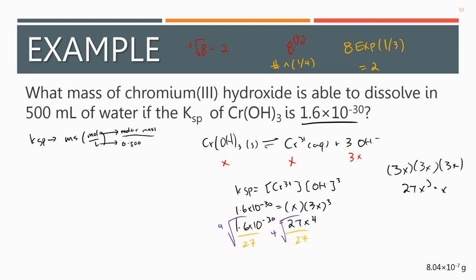So we're going 1.6 times 10 to the negative 30 equals, so I get it in there as a term, then I divide by 27 equals, then I'm going to use my fancy button to take it to the 4th root, and I get 1.56 times 10 to the negative 8.